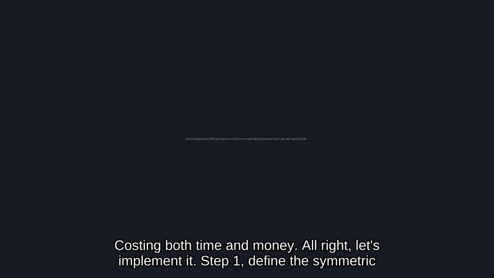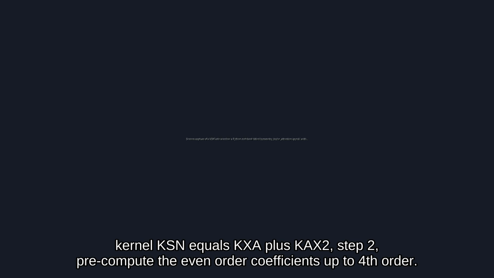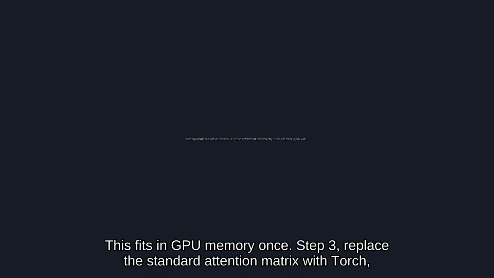Alright, let's implement it. Step 1. Define the symmetric kernel K_sym equals K(x,a) plus K(a,x), divided by 2. Step 2. Pre-compute the even order coefficients up to 4th order. This fits in GPU memory once. Step 3.